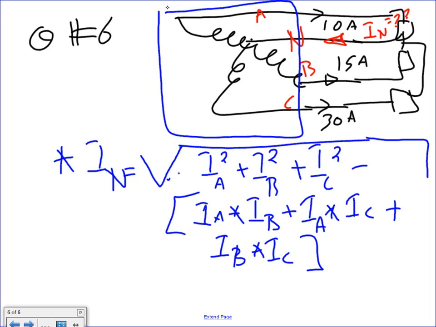Let's do the math. I'll find the same formula for you on the wall. I'm giving you enough time to write it.